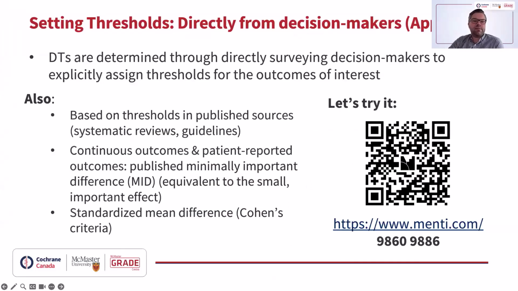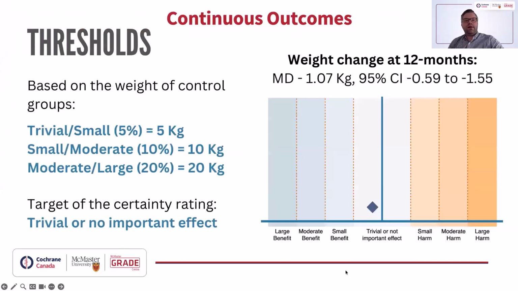If we have an example such as this, and this is from a Cochrane review example that I'll show later as well, you may consider, based on the control group event rate, what may be arbitrarily set thresholds for a 5% difference, 10% difference, or 20% difference, being our thresholds for small, moderate, and large effects. So for that example I showed of weight change at 12 months, a mean difference of 1.07 kilograms less is in fact a trivial or not important effect.